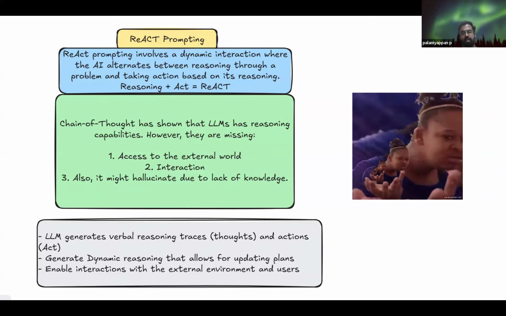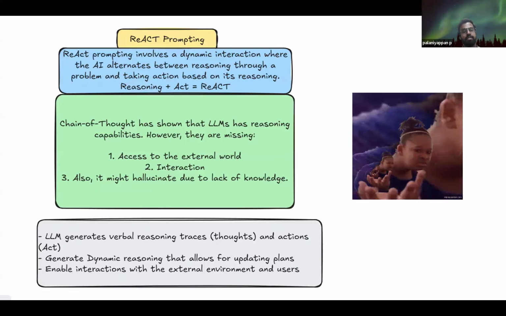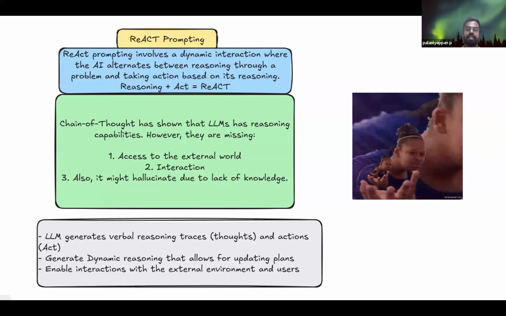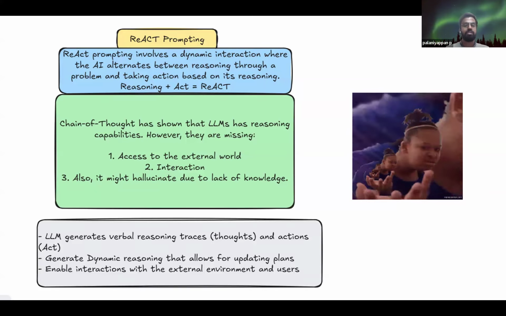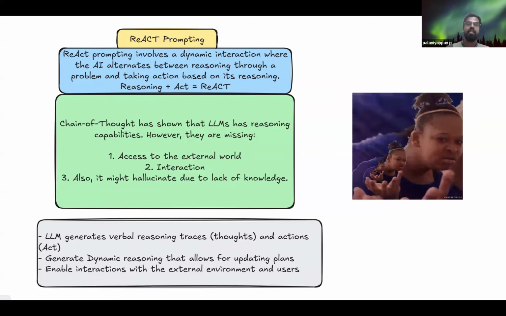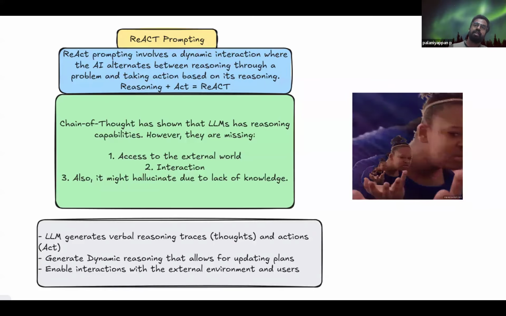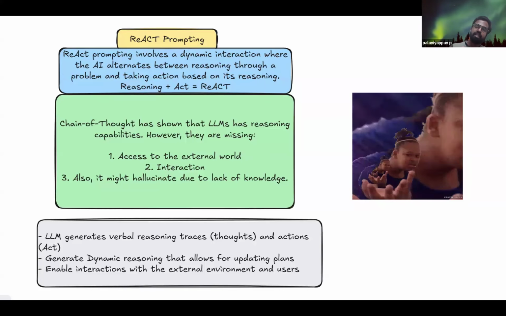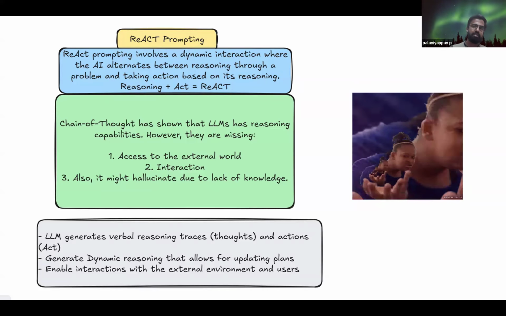If you see the last block at the bottom, React comes with an LLM that generates verbal reasoning, that is thoughts and actions. It also tries to generate dynamic reasoning that allows for updating the plans. Chain of thoughts doesn't allow you to update that thought. It will try to reason it, but if it is not able to find an answer for that reason, it starts hallucinating.